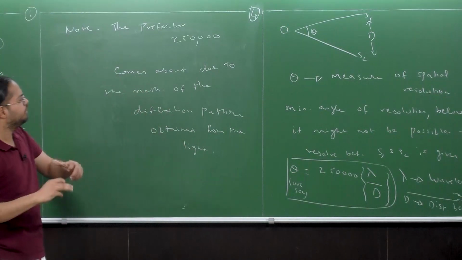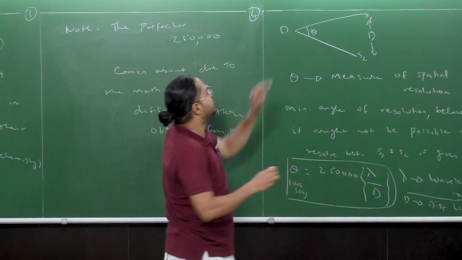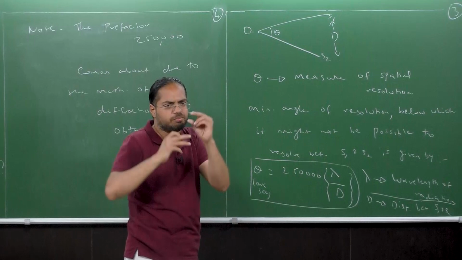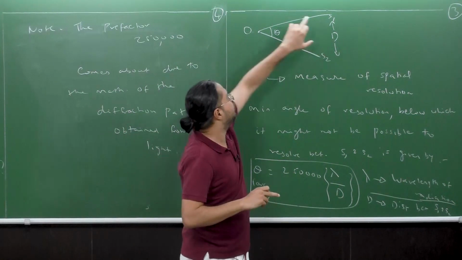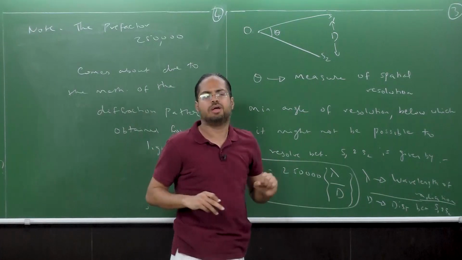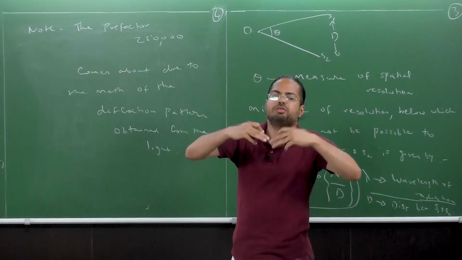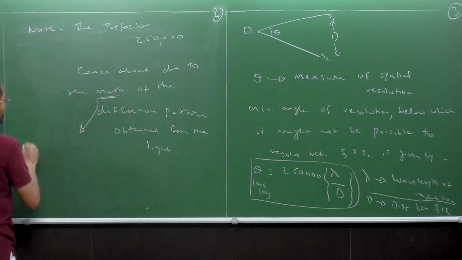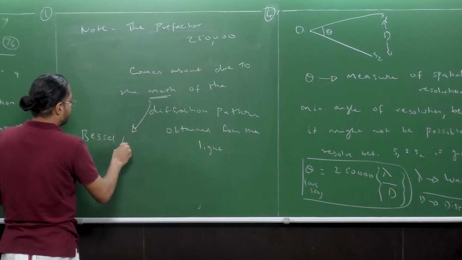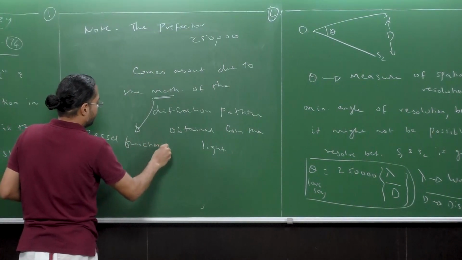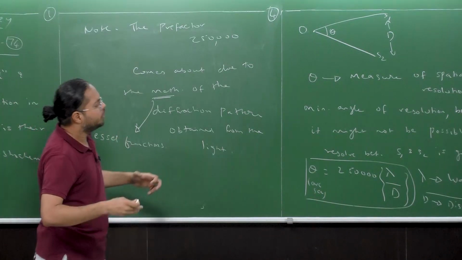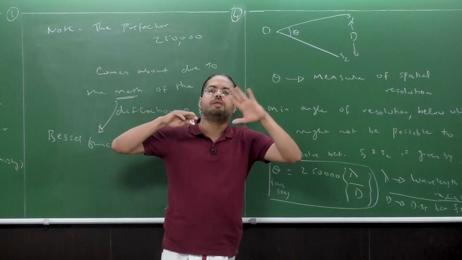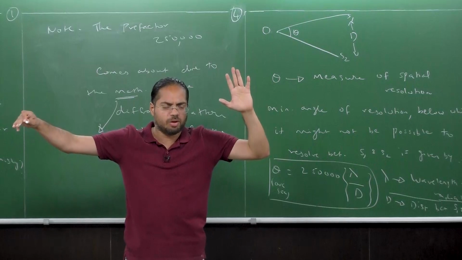Even though I've mentioned that this O is a point, it's not a point. It has an aperture, it has some fine edge. So once light reaches it, it gets diffracted. The dynamics of diffraction is given by what are called Bessel functions, and by using the Bessel functions, you can find that this number comes up naturally as the distance between the first central maximum and the minimum, and the next minimum.